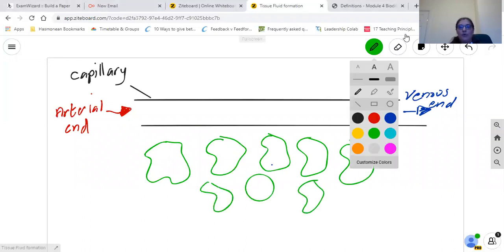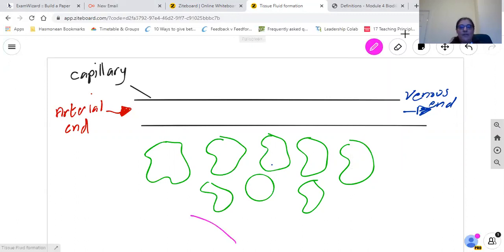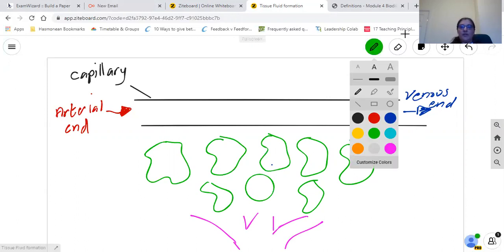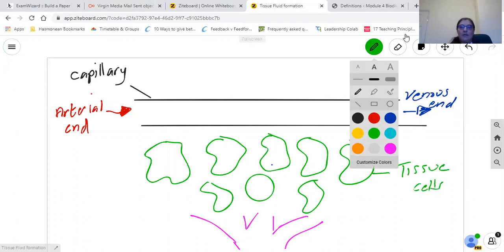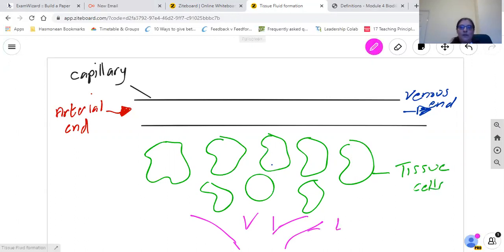And then right at the bottom, we have the lymphatic system, which will drain into the bloodstream just before the vena cava. Okay, so we'll label this as tissue cells. And the bottom one as our lymphatic system.